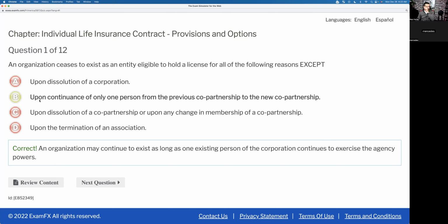The answer is B: upon continuance of only one person from the previous corporation or co-partnership to the new co-partnership. An organization may continue to exist as long as one existing person of the corporation continues to exist, the agency powers. See, I don't really understand it myself.